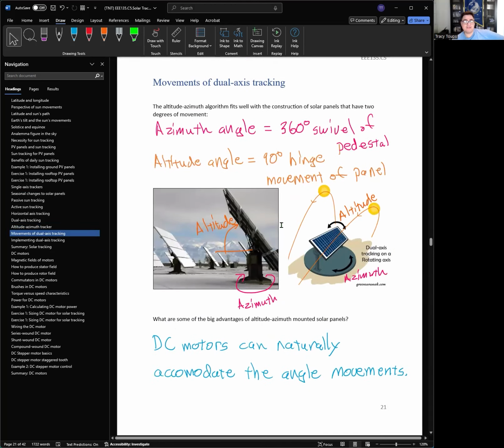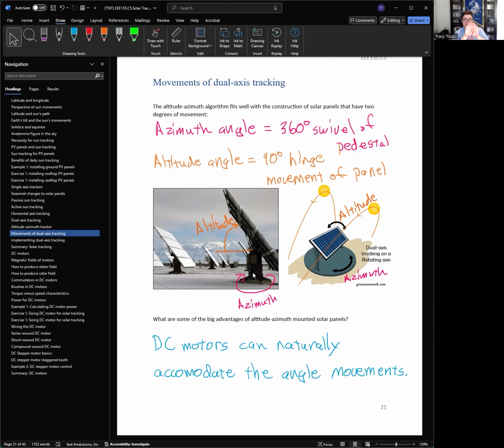How do we use that? Well, conveniently, the most efficient way to design a dual axis tracking system is to have a solar panel on a pedestal that pivots, okay? So first off, think of your computer chair. I'm sitting in a computer chair. First thing I would do if I have my panel, I would pivot 360 degrees however I want to get to the sun, and that's my azimuth angle, okay?